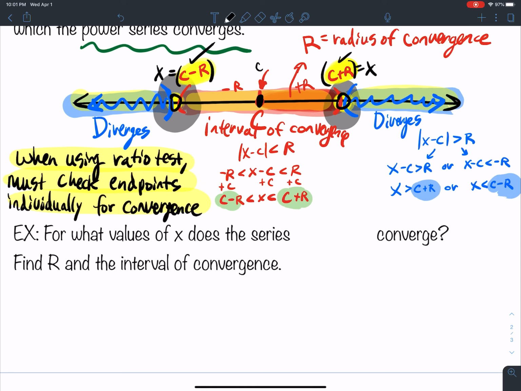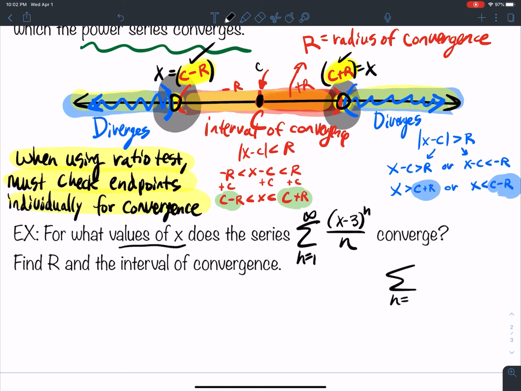So for what values of x does the series, n equals 1 to infinity of (x minus 3) to the n over n, converge? Now, first off, is this even in the form where I can use a power series?